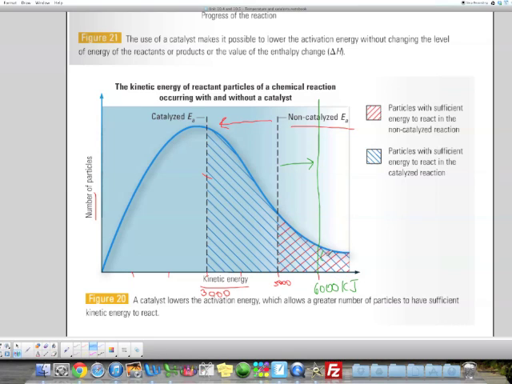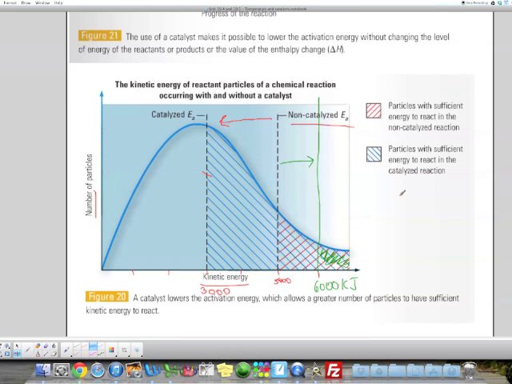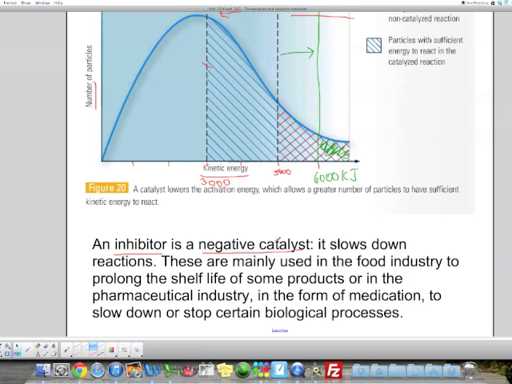So I have even fewer particles, only these are able to react. All these over here don't have sufficient energy to react. So it's going to give me a much slower reaction. Okay, so again, we call this an inhibitor or a negative catalyst.